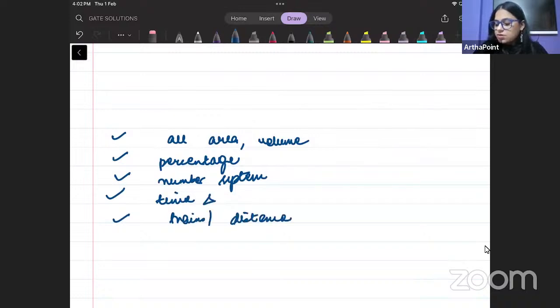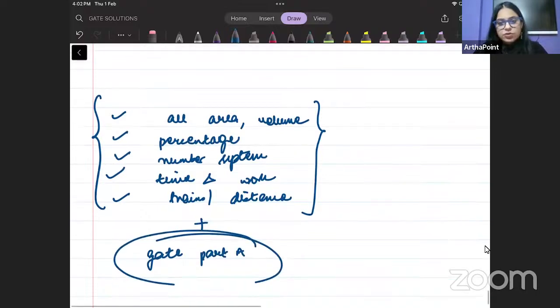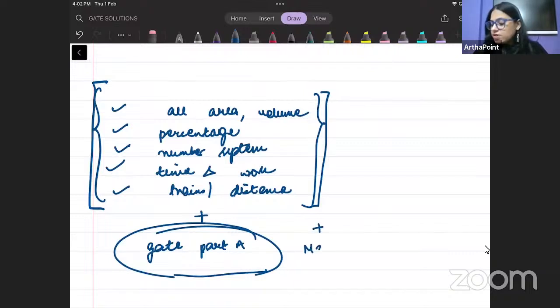This is time and work, right? That is your task for today. In one more session, I will do some more important GATE Part A questions and revise them with you. But as of now, your task is to do all the homework questions I have given you based on these. At the same time, you will revise your maths again, from the point of view of GATE, and any pending subject, right?